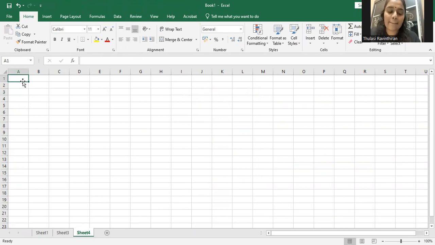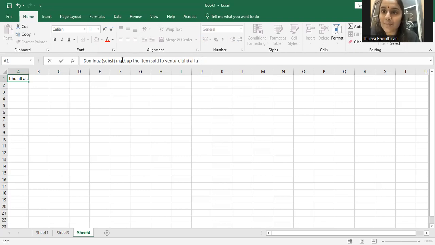Okay. For example, Dominus Berhad, which is the subsidiary, marks up the item sold to Venture Berhad, in bracket parent, reduced at 30%.